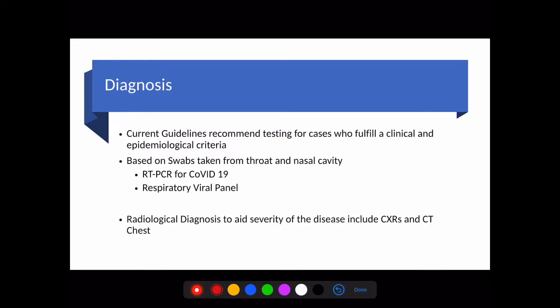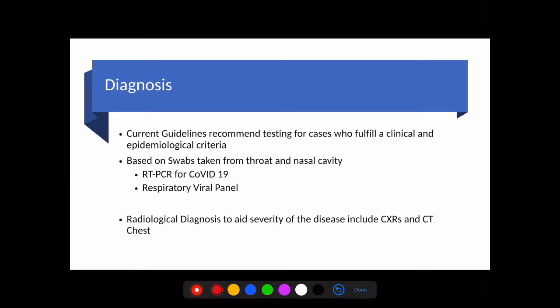At the same time, to supplement the diagnosis, radiological diagnosis is also used, and basically it is used to assess the severity of the disease, because they have to be classified if they are suffering from severe lung disease, and whether they need to come in. And for that we use chest x-rays and CT of the chest.